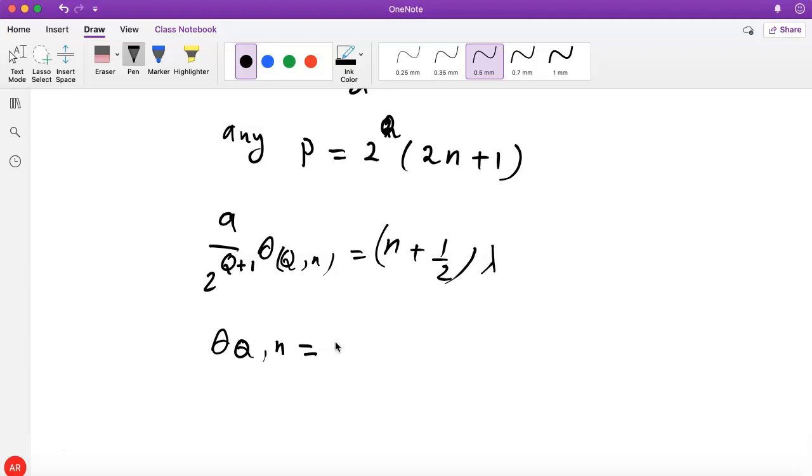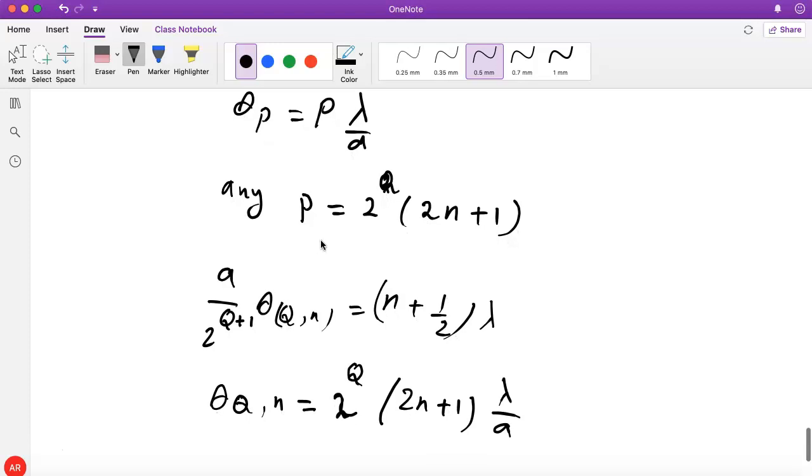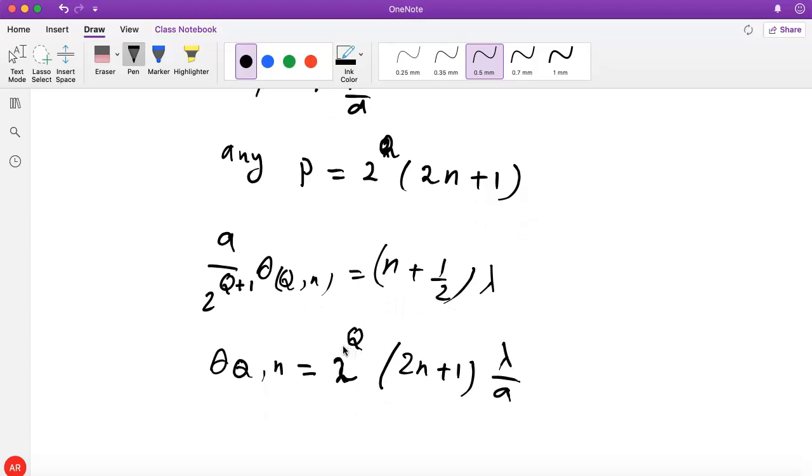Okay, so now I divide by a, so I have this factor of lambda over a here. One of these 2's multiplies n plus a half, so it gives me 2n plus 1. And then I get 2 to the q here. So we see for any integer p, which can be written as some odd number times a power of 2, so this is p, right?